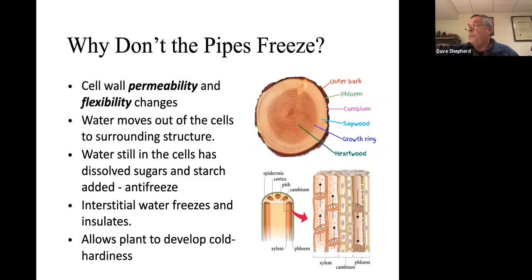Okay, the second adaptation, I think, that is worth discussion here is the cellular changes that occur in the tree itself. Now, when we talk about a tree surviving the winter, we have to remember that the danger is to the living cells.